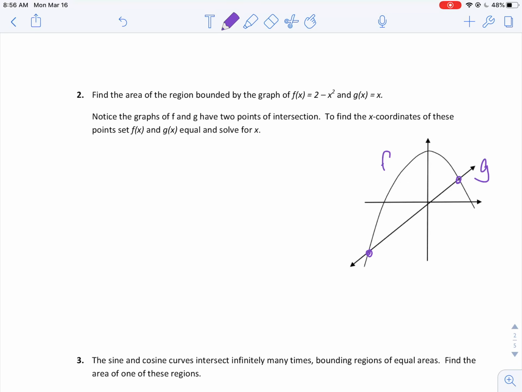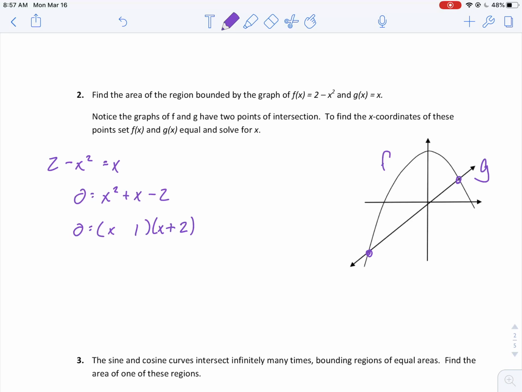So what I can do to figure those out is I can take the expression for f and set it equal to g. This gives me a quadratic equation to solve. So I'm going to move all the terms to the right-hand side, so my x squared term is positive, and I come up with 0 equals x squared plus x minus 2. Factoring, let's see, I have x and x.